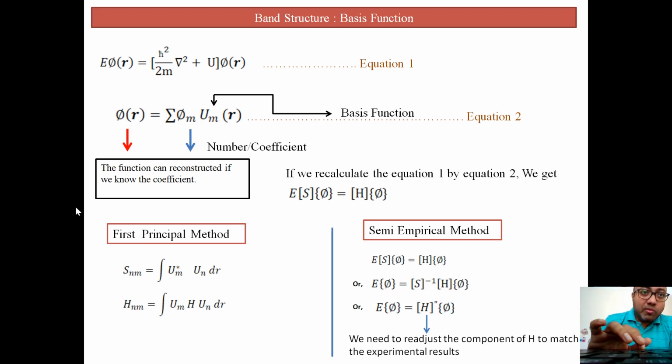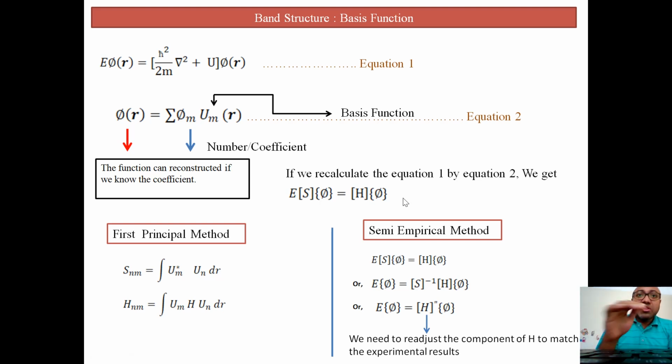Now there are two methods that people have introduced to solve this Schrodinger wave equation. One is the first principles method. I told you that Kohn and Sham got the Nobel Prize on it. The idea is that if you represent phi with some coefficients and basis functions, and you recalculate your equation 1, the Schrodinger wave equation, it looks like this: E S phi is equal to H phi, where H is the Hamiltonian.